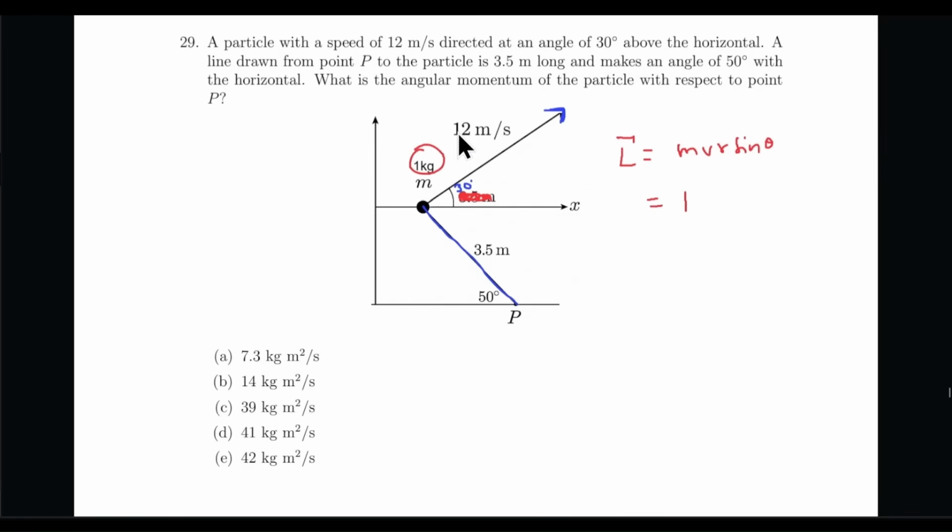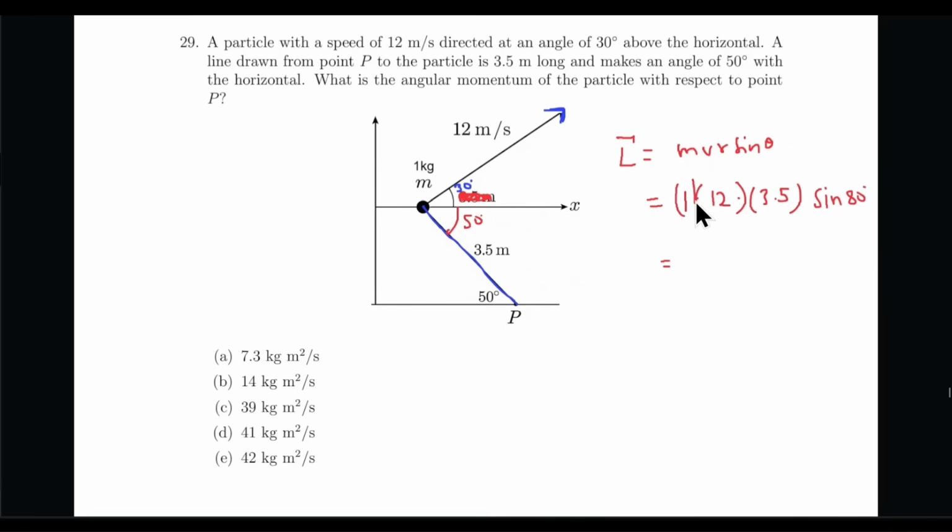Velocity is 12. R is, of course, about point P, that's 3.5. Now, theta, be careful, is this entire thing. And if this is 50, then these are alternate angles, so this should also be 50. So the total angle that we are looking at is indeed 80 degrees.